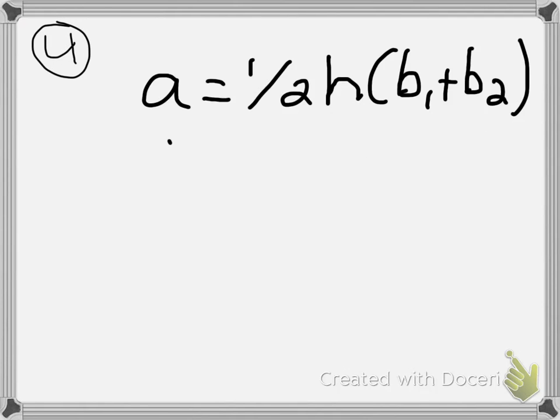Ta-da! Area equals 1/2 height, base 1 plus base 2. Again, you need to memorize this, so if you're always having to look these up, you really need to start memorizing this. I'm talking to you, Chris.